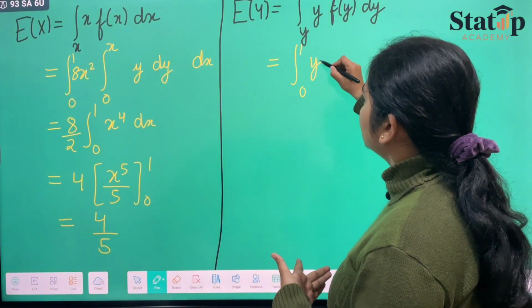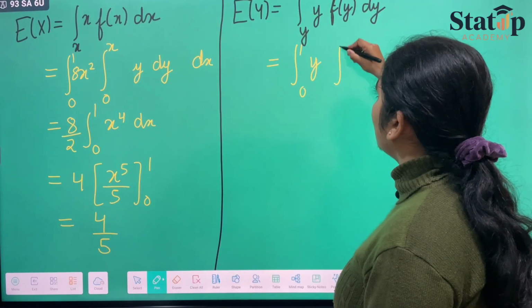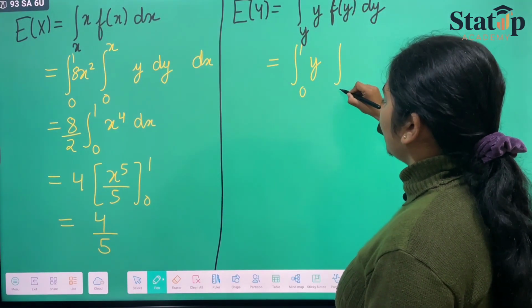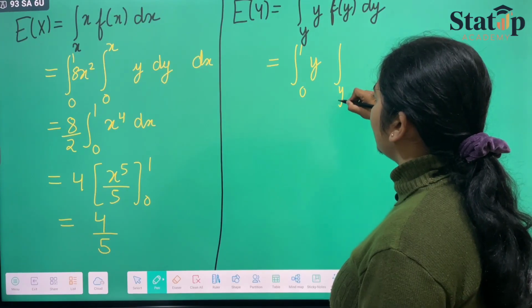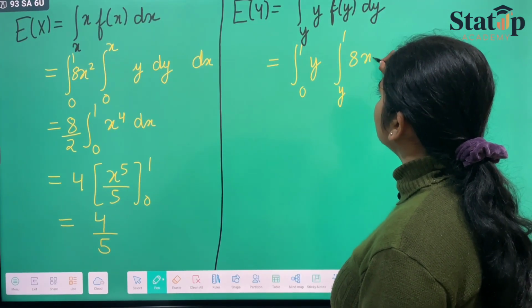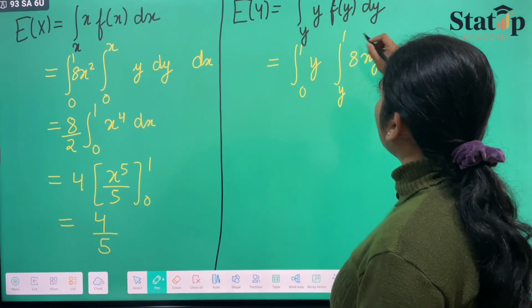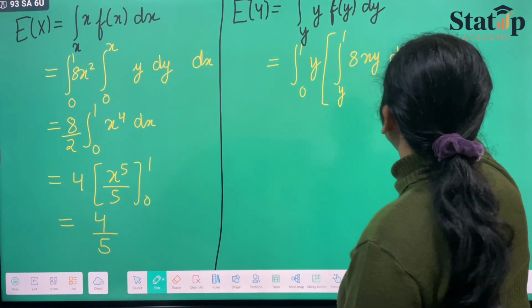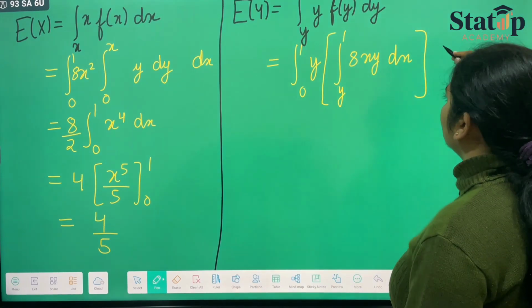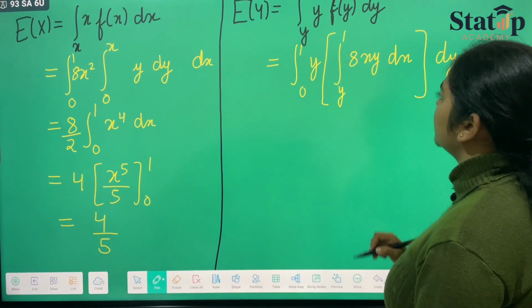So y will be outside, and fy will be the integral over x, with limit y to 1, of fxy, which is 8xy dx, and the whole has dy, because we are calculating for y.